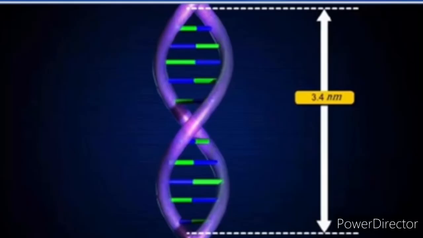Now we will see how these base pairs, or the DNA, are arranged, the packaging of the DNA molecule inside the nucleus. Take the distance between two consecutive base pairs as 0.34 nanometer.